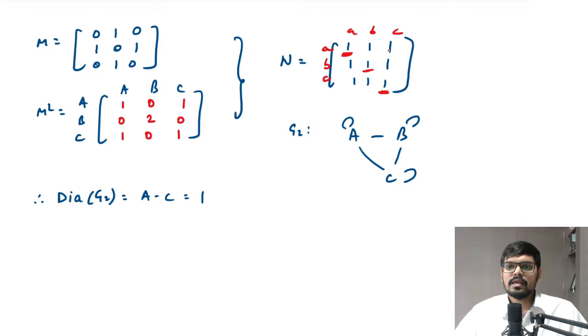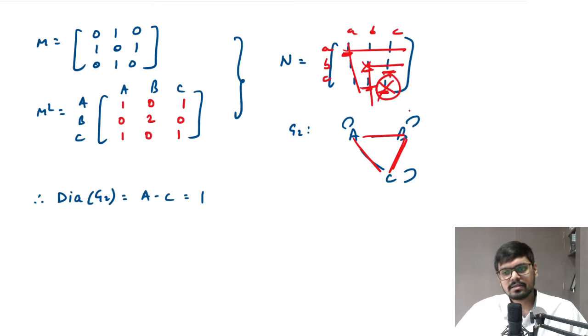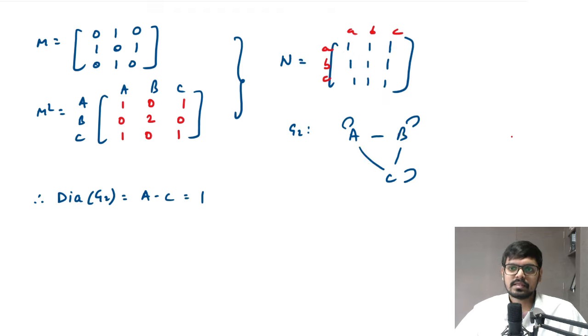Then they are saying A is connected to B, A is connected to C. So this is done. Also B is connected to C. If B is connected to C, obviously C is connected to B. So this is done and self loops were done. So now every edge is covered. This is how your graph looks like: every vertex is connected to every other vertex, plus there are self loops.